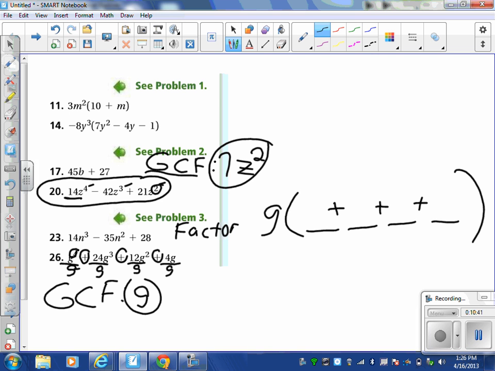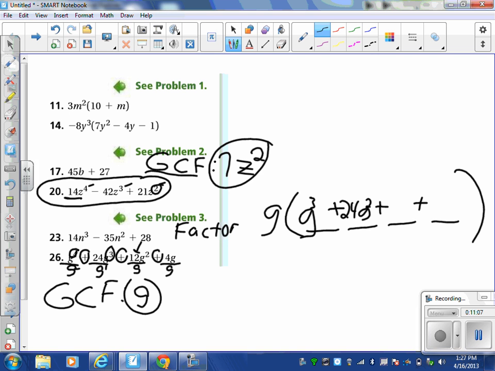So I'm going to put g to the 3rd power. Then I divide again. There's a 24, so I'm just going to put the 24 here in the problem. I know there's a g, and so it's 3 minus the 1 is 2. So it's g squared.